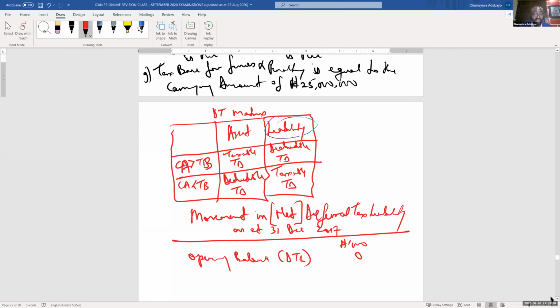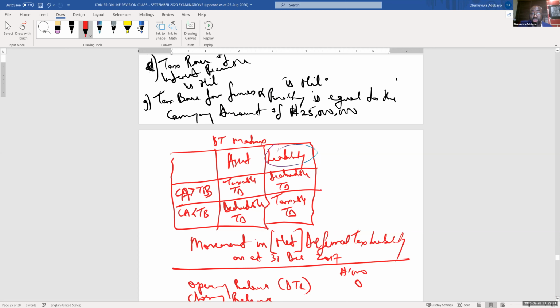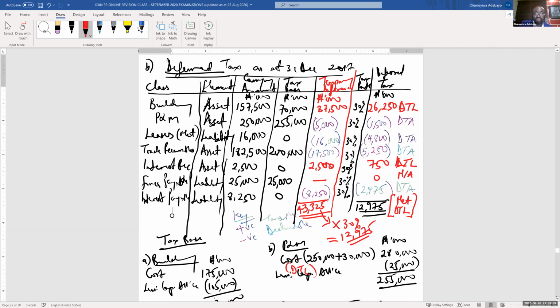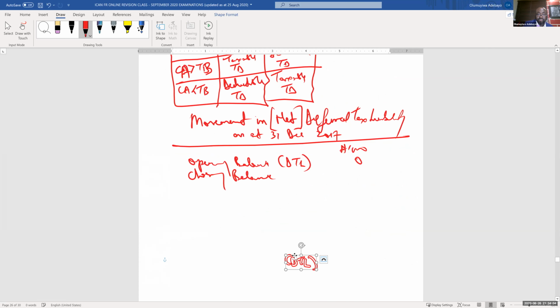And as at the end of the year, what is our closing balance? It was 12,975.